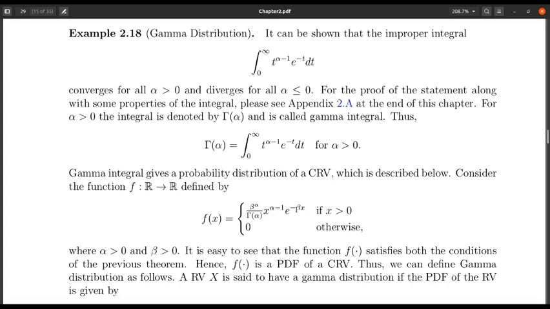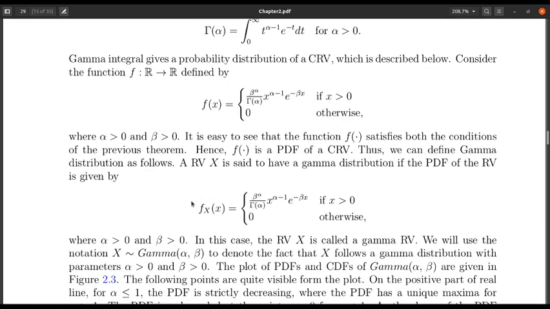The only change we have made is that this beta has been incorporated here. If beta is there, I also have to take beta to the power alpha here, and it is very easy to show that the integration of this function is 1 and this function is greater than or equal to 0, just by using what we have discussed. So that means this is a PDF, and a random variable having this PDF is called a gamma random variable, and the corresponding distribution is called a gamma distribution. Note that again, if I change alpha or beta, the PDF changes.